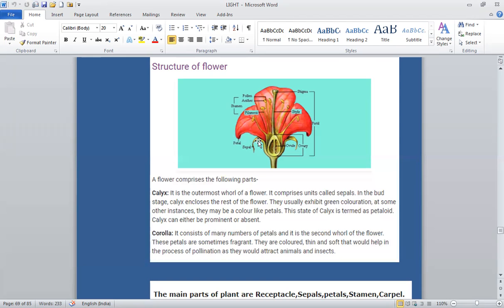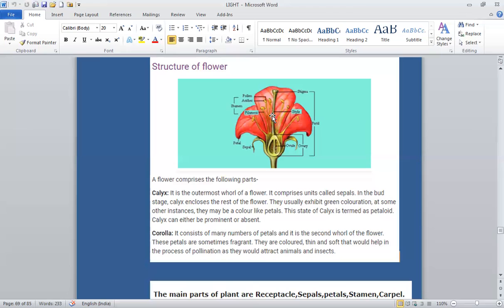A flower having both stamens and carpels is called a bisexual or complete flower. On the screen also you are looking at a bisexual flower.